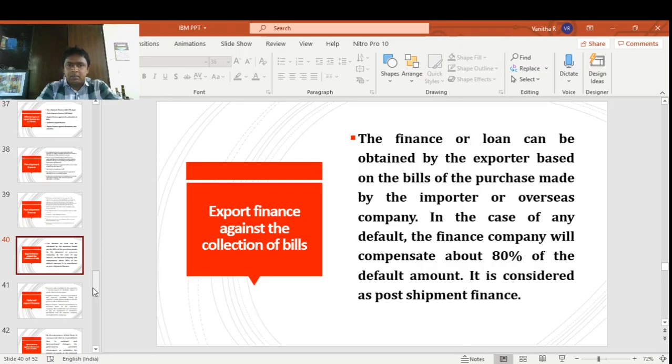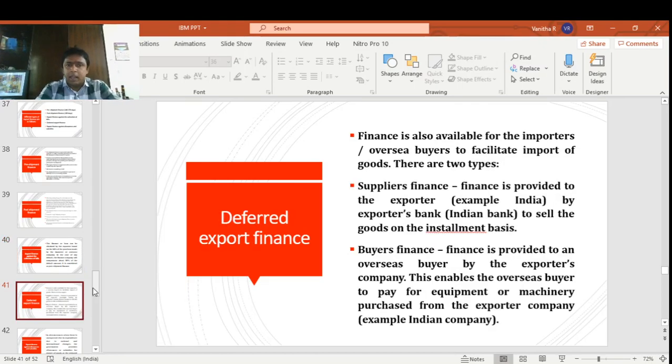Looking at all these bills and verifying them, they would come to know that 80% can be paid. There will be remitting banks between your importer and you. It would not come to you directly. They would fetch the money once that is paid. That mechanism you will come to know in the later studies. Do not get confused with it.